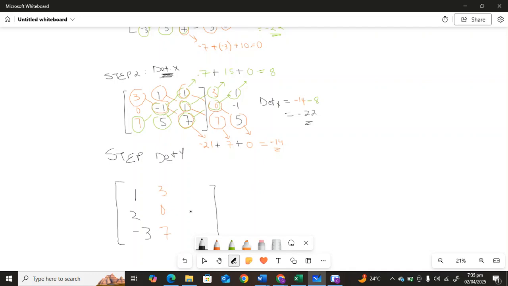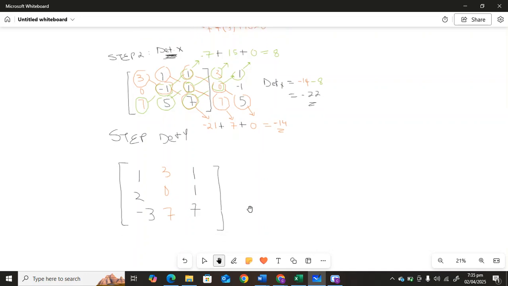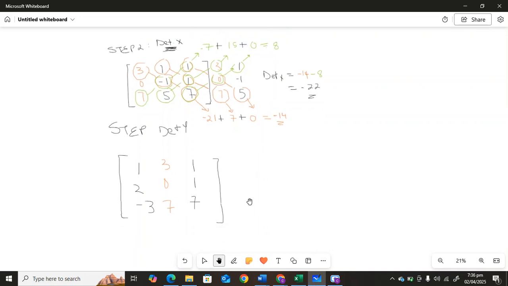Our z column stays the same, 1, 1, 7. As I said, always you write the first two columns outside, 1, 2, negative 3. Then also here, 3, 0, 7.